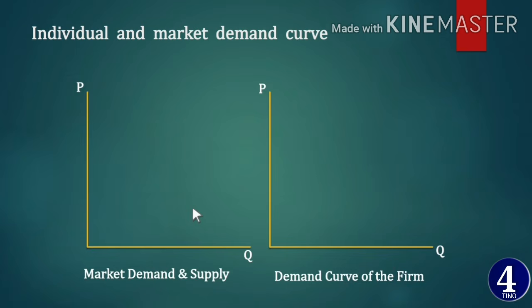So what we're about to do is, first of all, we will see how the market price or the market equilibrium is met by the intersection of the demand and the supply curves of the market.